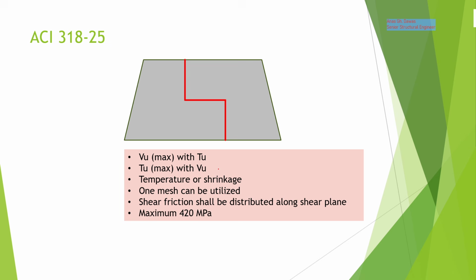And you have to provide the reinforcement as per the maximum effect. Also, don't forget that when you calculate the shear friction reinforcement, you have to assume the yield strength of the reinforcement as 420 megapascal. You cannot use more than this value. Also, shear friction reinforcement must be distributed along the shear plane.